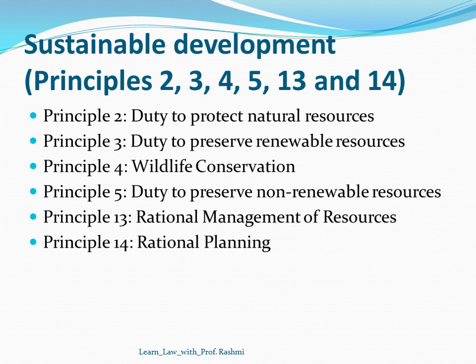Principle 3 says the capacity of the earth to produce vital renewable resources must be maintained and wherever possible restored. So though they are renewable resources, they should still be maintained and restored.